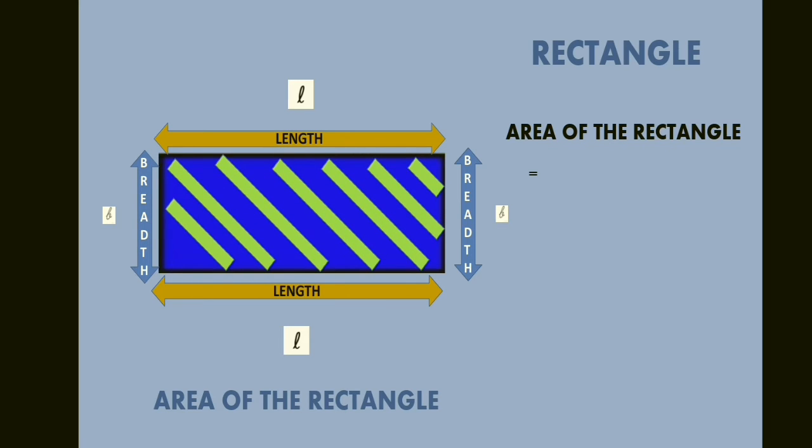So the green shaded portion is its area. We have 2 different sides here, length and breadth. By multiplying both sides, that is L and B, I can derive the formula: L into B square units. That's the formula to find the area of the rectangle.